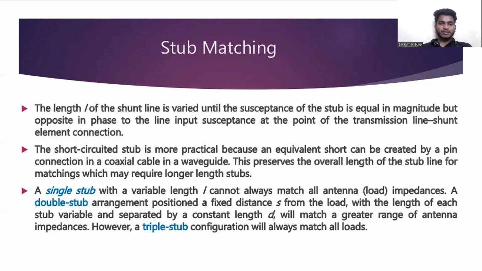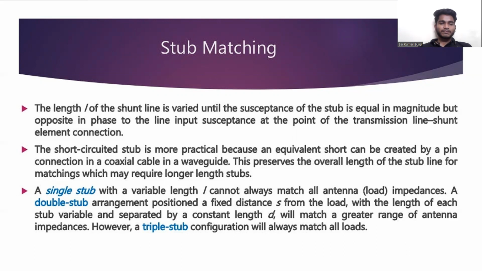The short-circuited stub is more practical because an equivalent short can be created by a pin connection in a coaxial cable or in a waveguide. This preserves the overall length of the stub line for matchings which may require longer length stubs.